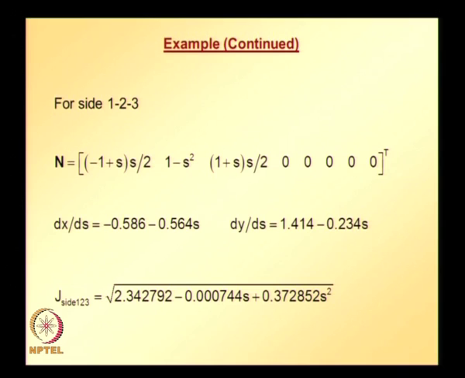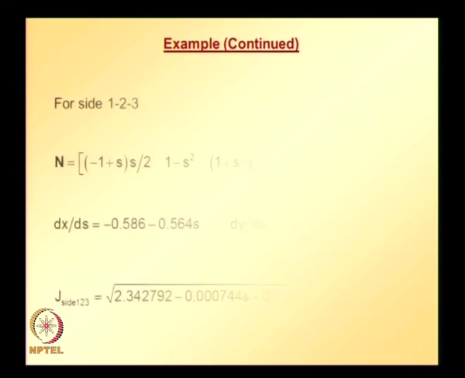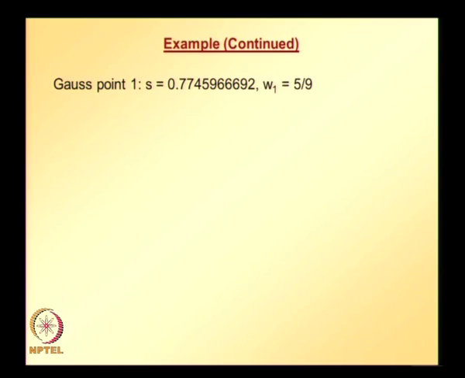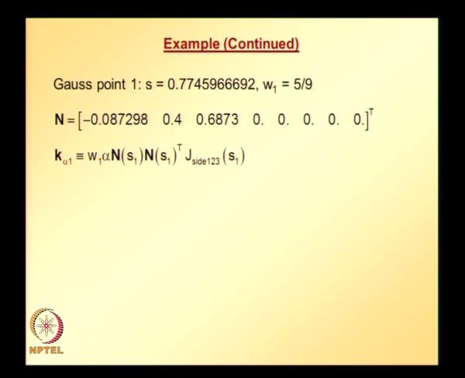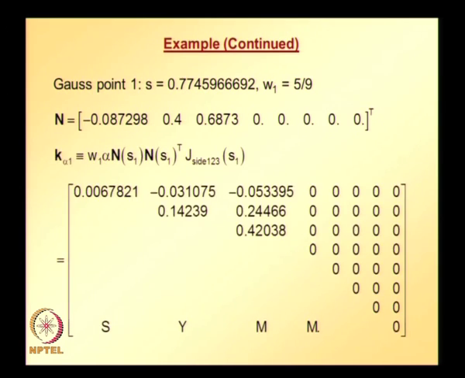and now taking each of the integration points, this is the first integration point, details are given here, the shape function vector, and substituting the shape function vector and Jacobian along side 1 2 3 at this integration point, we can get the contribution of the first integration point to the k alpha matrix.